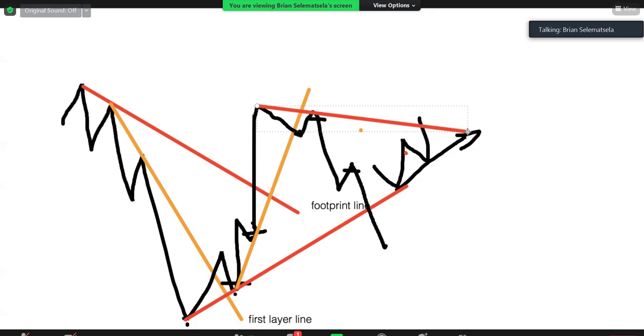The reason why we rely on the breaking of the first layer is because there's no certain amount of pips or profit target we can aim for that stays the same over and over again. So it's all about the market, whatever you can take when such movements happen.